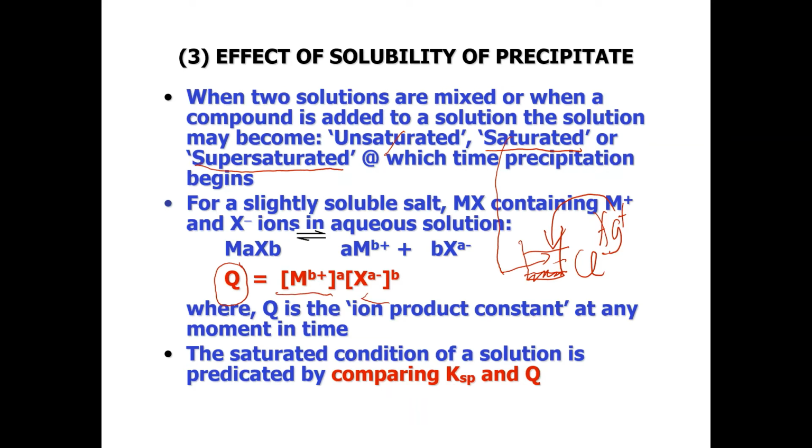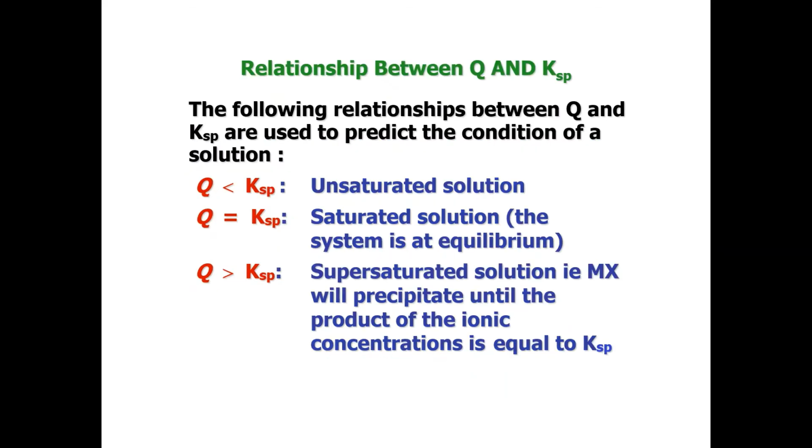But the difference is that KSP is the concentration of Ag plus and chloride at equilibrium, whereas Q is the concentration of Ag plus and Cl minus other than at equilibrium, most often when you start your experiment and add Ag plus to chloride.